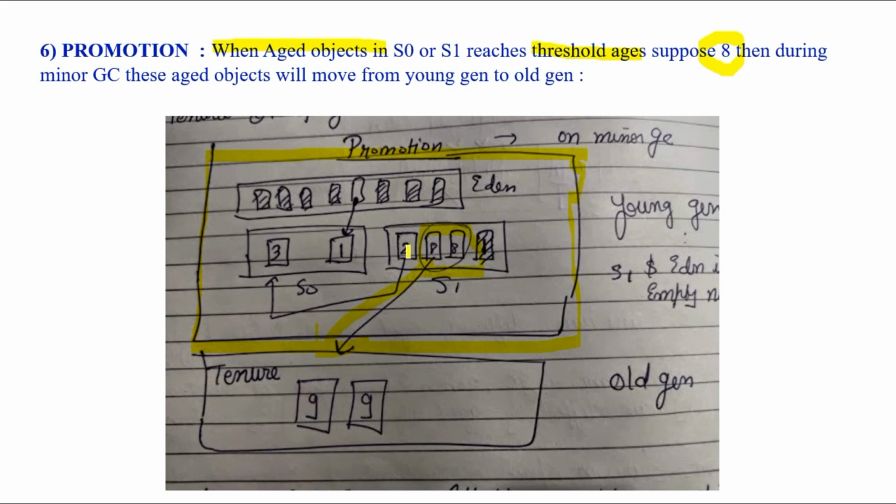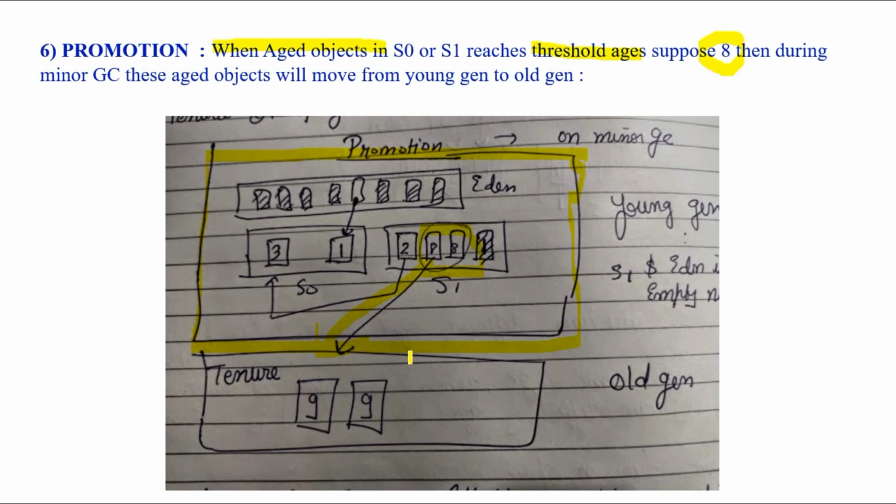S0 will have the objects, like 2 will be moved to 3, 1 here the Eden space object will be moved to 1, and these 8 will be moved to the old generation, but their age will always be incremented. So whenever objects move from their initial stage to any of the survivor spaces or the old generation, age will always be incremented. Remember this.